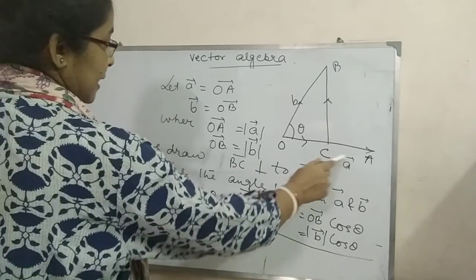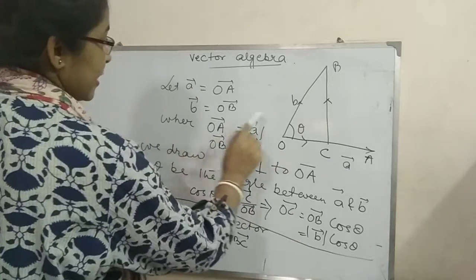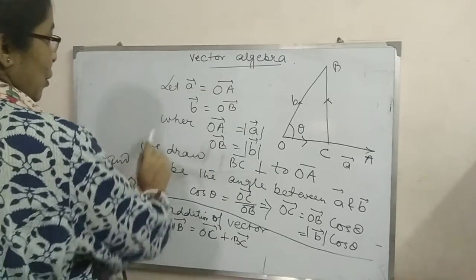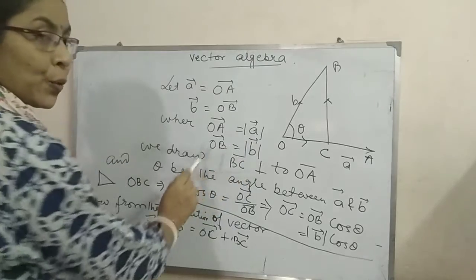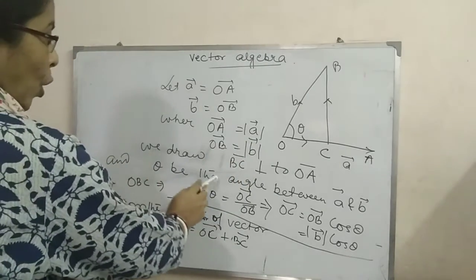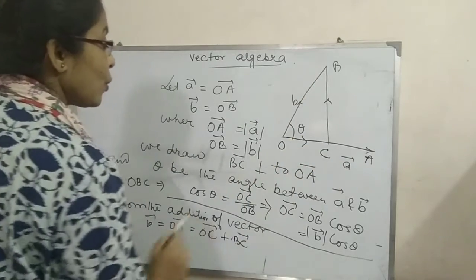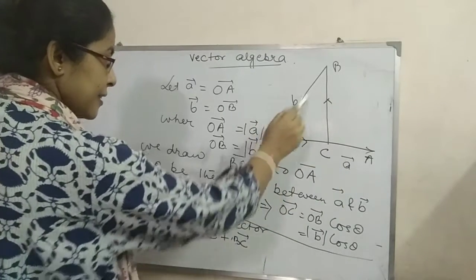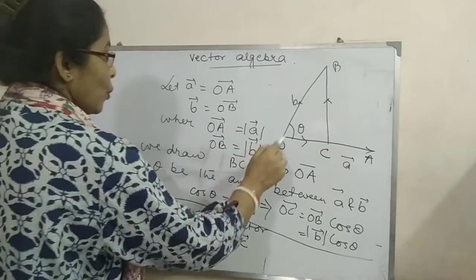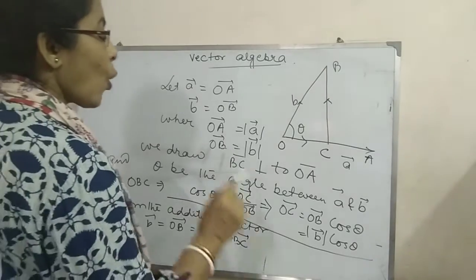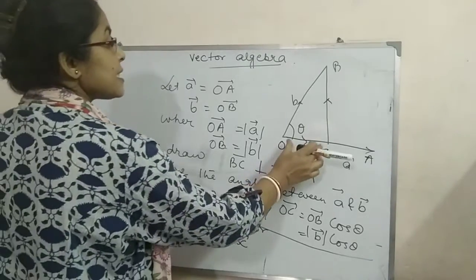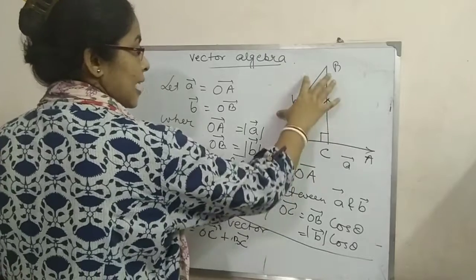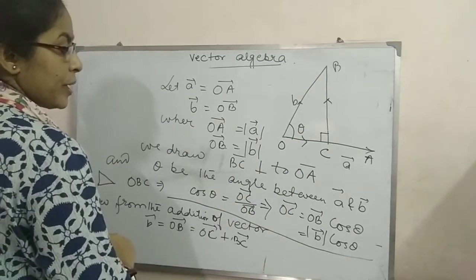Let vector A equal OA and vector B equal OB, with A in the direction of OA and B in the direction of OB, where OA equals the magnitude of A and OB equals the magnitude of B. We draw BC perpendicular to OA, and theta is the angle between A and B. From the right angle triangle OBC, cos theta equals base by hypotenuse, that is cos theta equals OC by OB.